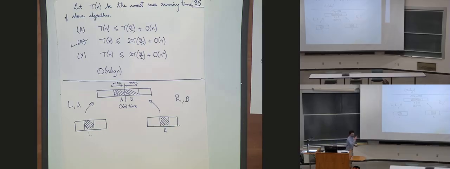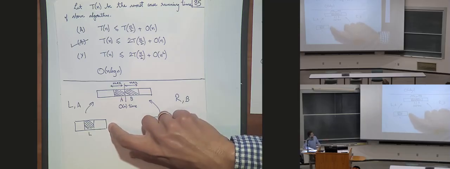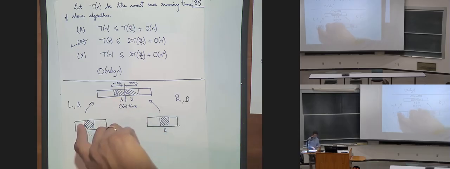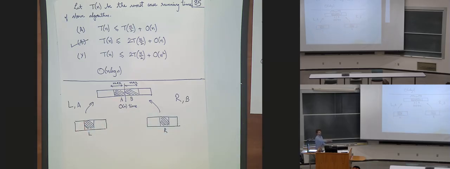The problem is to return not just the maximum subarray, but also the maximum subarray that involves one end, and the maximum subarray that involves the other end. So return all these 3 things. I'm asking the procedure to return more things, but in the end, it's going to be easier to get an algorithm with that.